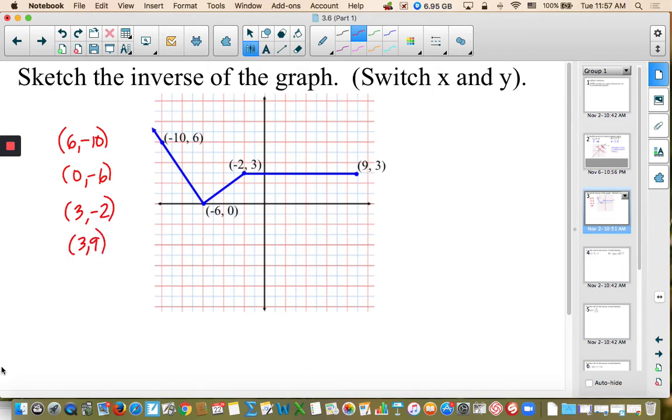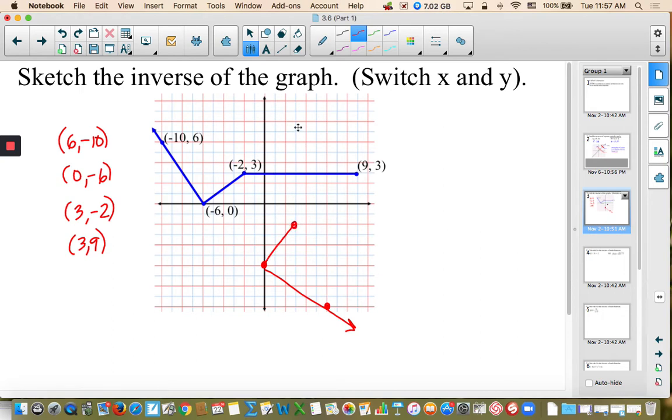And then to sketch that inverse, I'm just going to graph each of those points. 6, -10 would be down here. 0, -6 would be right here. And since there was this arrow going out there, I'm going to start drawing that as I go. 3, -2 is going to be right here, and I'll connect that one.